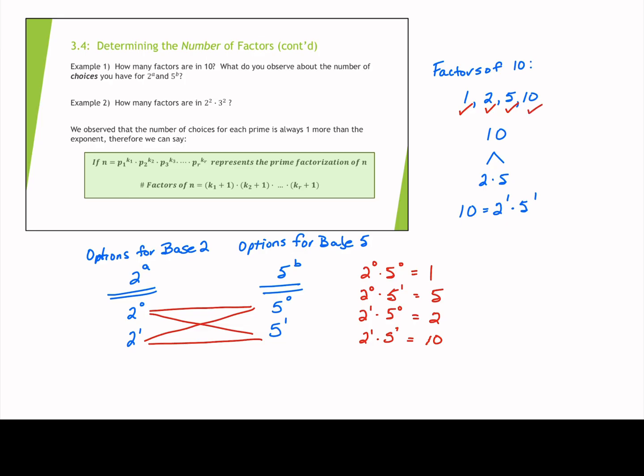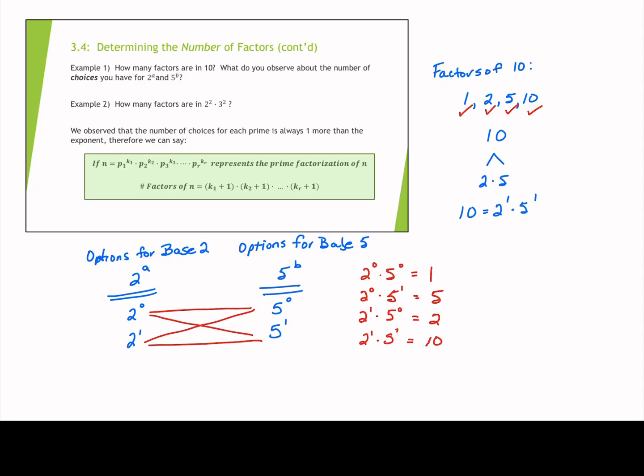Now, what we want to explore a little bit further is how we can actually predict or know how many factors we have for any given whole number. What we ended up with when we explored the factors of 10 were 4 total factors.